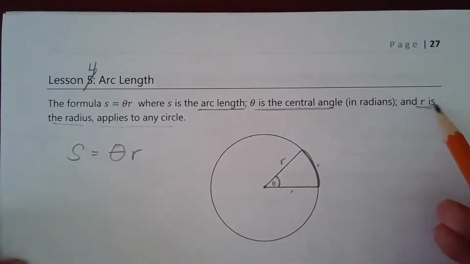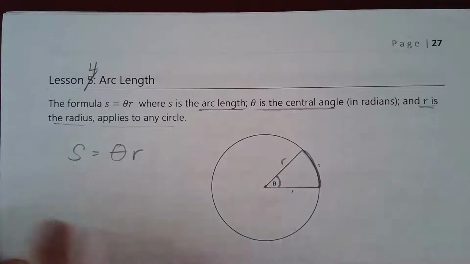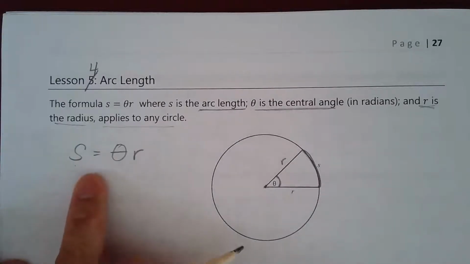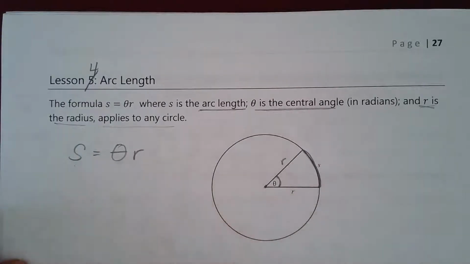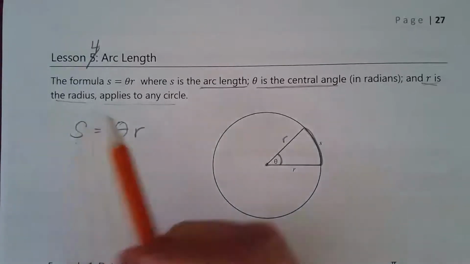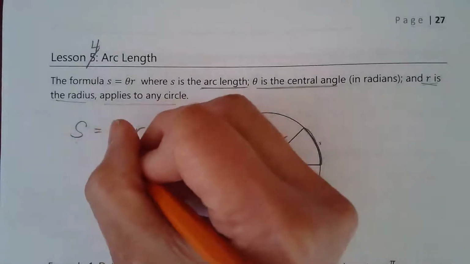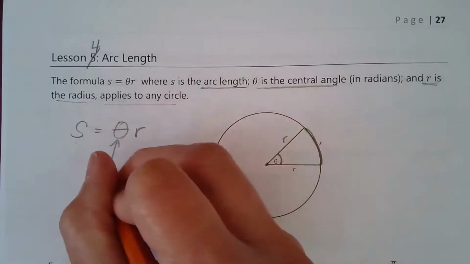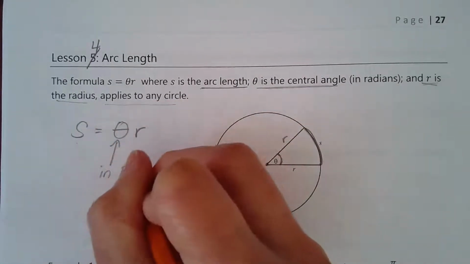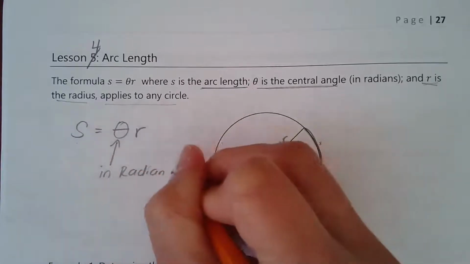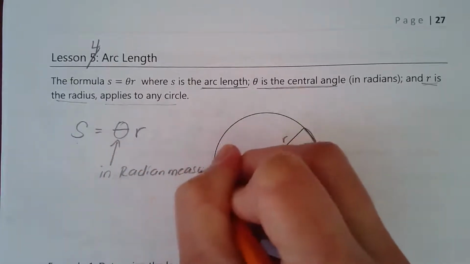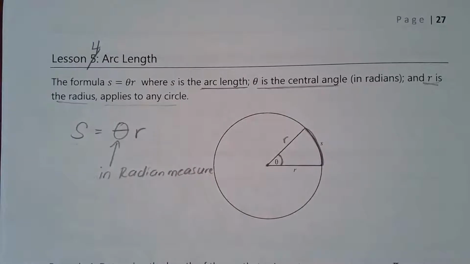And R is the radius of the circle. So S is equal to theta times R, and the theta used here is in radian measure, not degrees.